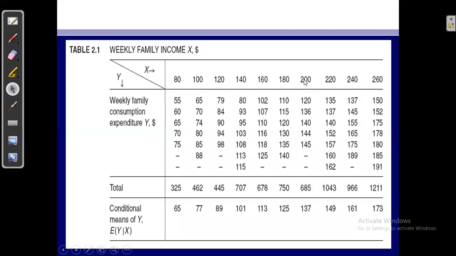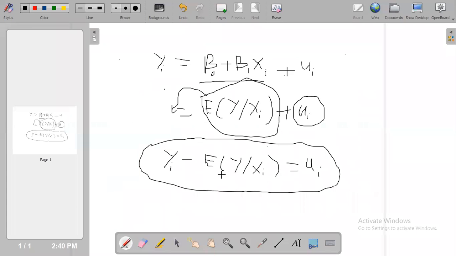Now, if I come back to this particular table, I have just told you this result: the disturbance term is simply the difference between an observed y value and the conditional mean of y corresponding to a given x.